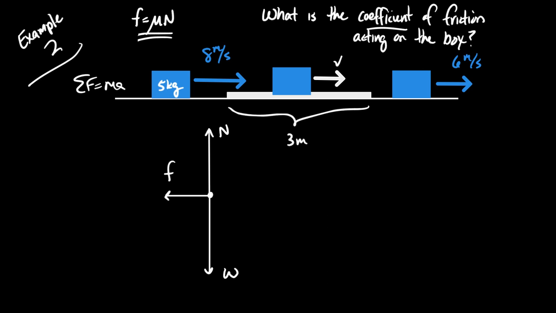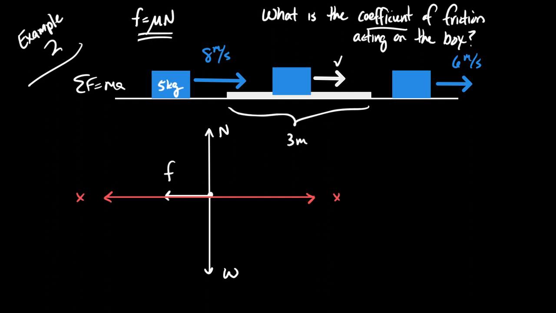Now, you have to make a choice here. And we've talked about these kinds of choices in the past. Choosing positive and negative is arbitrary. I'm definitely going to line up the x direction horizontally. Do you want the positive x direction to be to the left, or to the right? To the right.